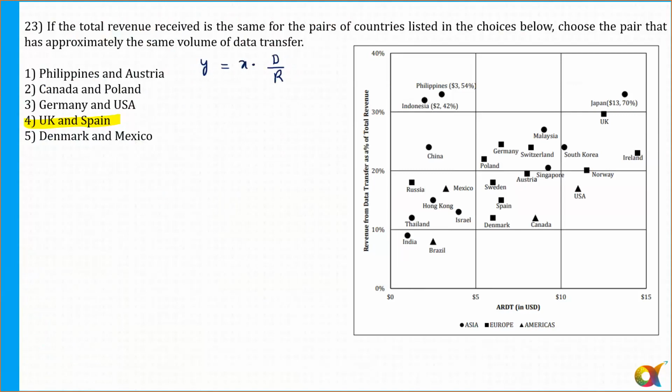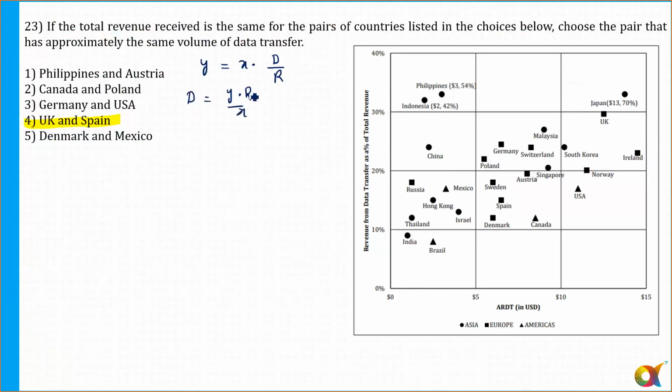Okay, we can multiply it by 100 later. It says choose the pair that has approximately the same volume of data transfer. So D is equal to Y into R upon X. The same volume of data transfer. So for which two countries is the data the same, if the total revenue received is the same? So revenue is constant here.